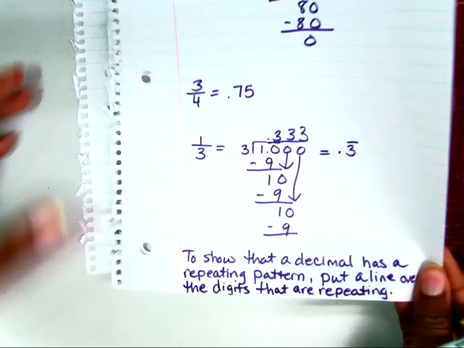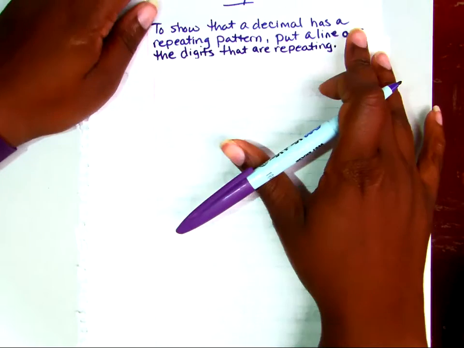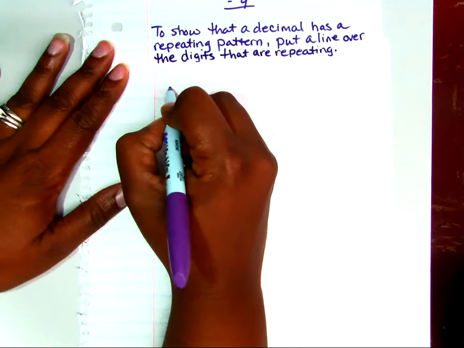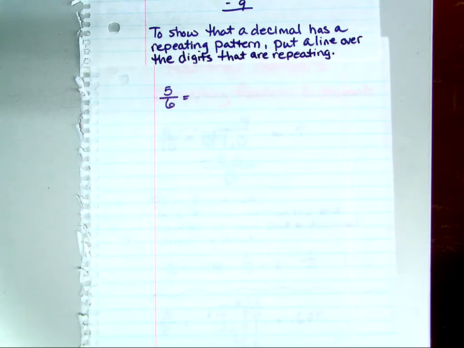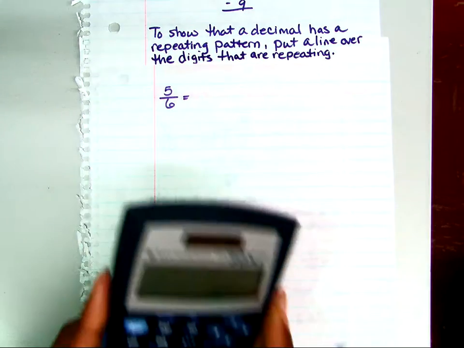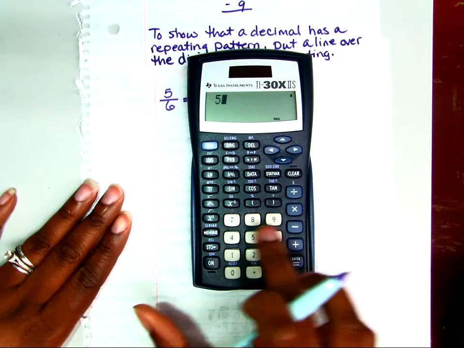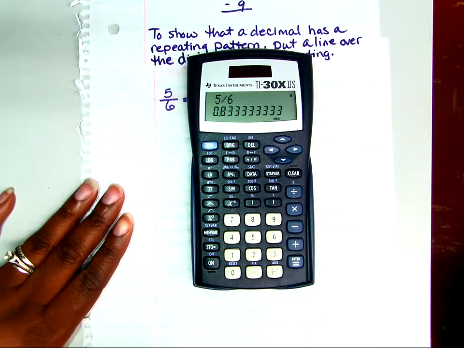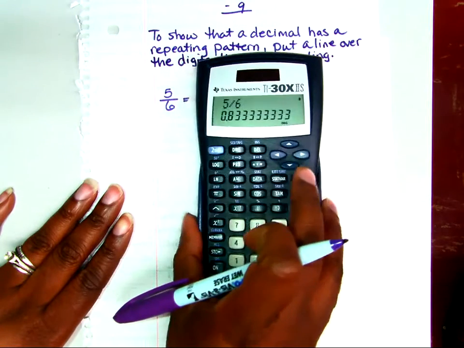So if I was to do one like this in my calculator, say 5/6, in my trusty calculator, because that's what we like to do, 5 divided by 6, numerator divided by denominator, I get 0.8333333.